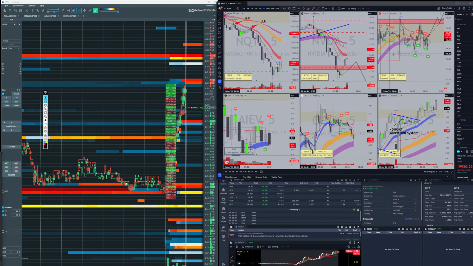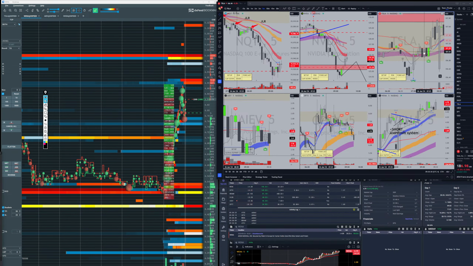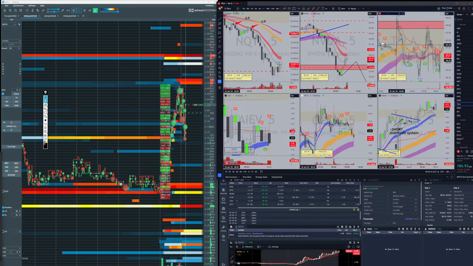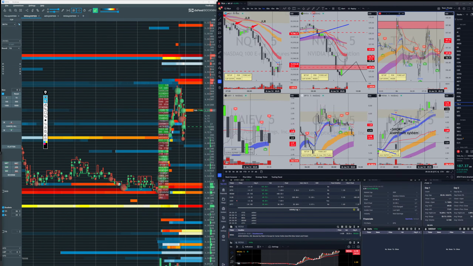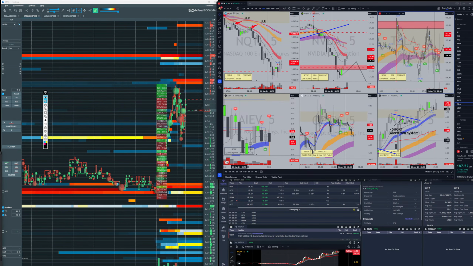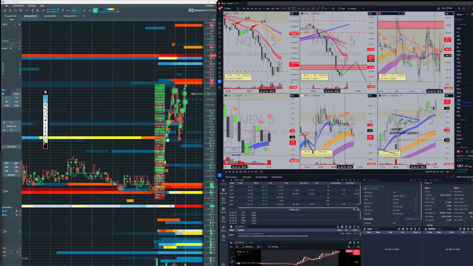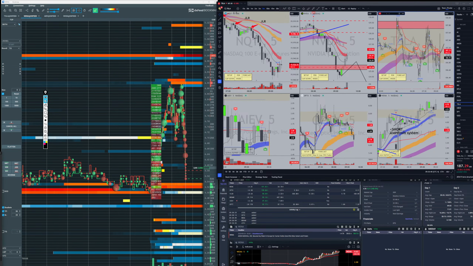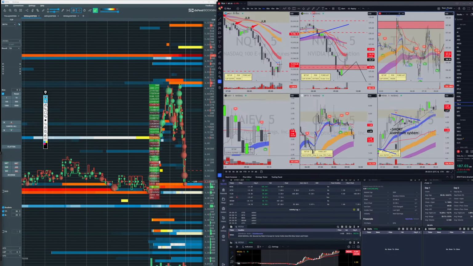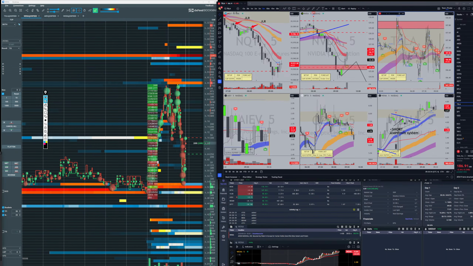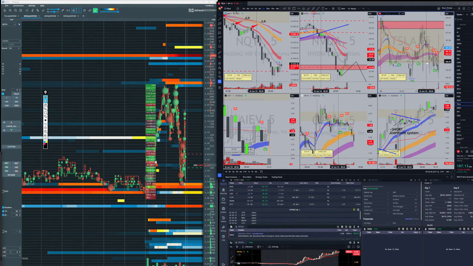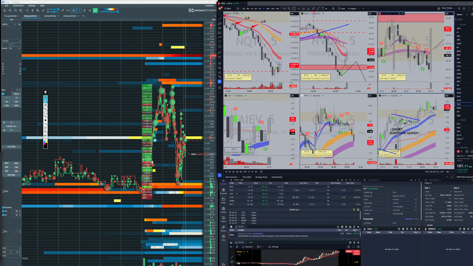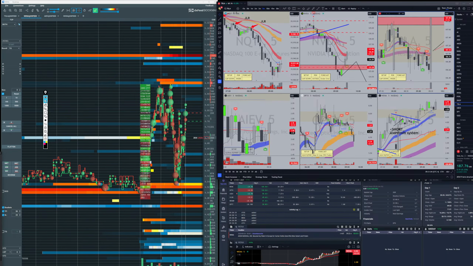Let's start looking at Nvidia over here. Let's start looking at Tesla. I like Tesla over here, traders, for a long play.